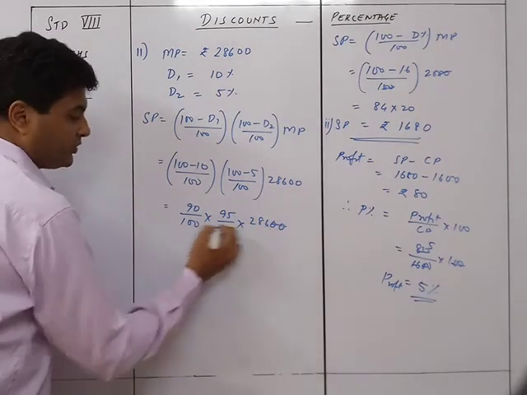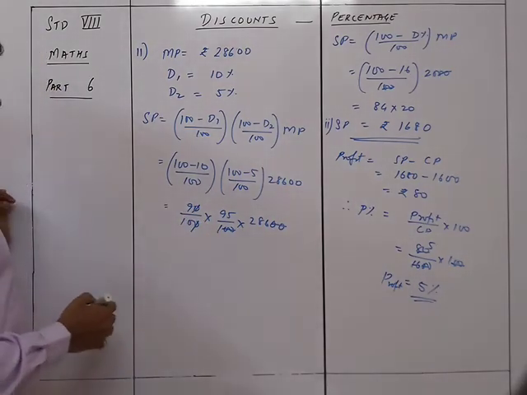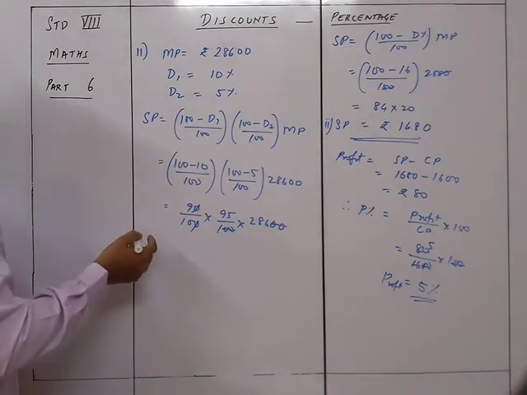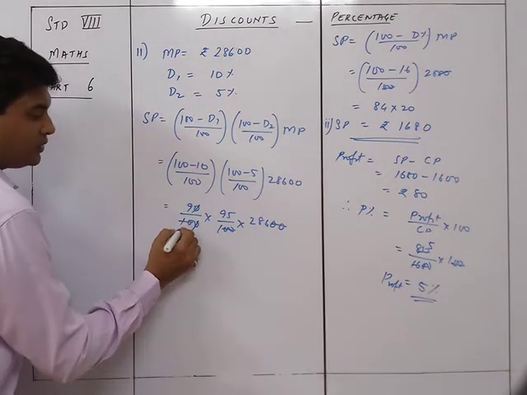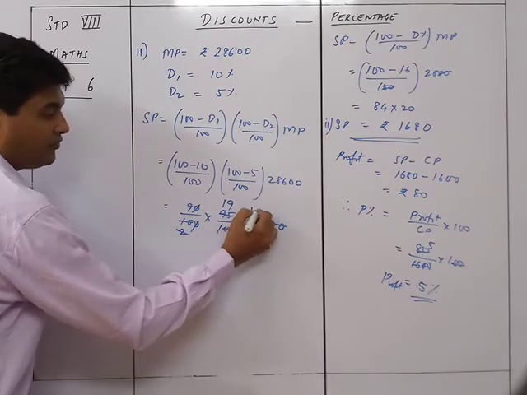The zeros cancel, and then I will keep this as it is. Better to keep the 10 over here. So I will cancel. So 5 2s are 10, 5 19s are 95, and 2 1s are 2, and 1 4 3s are 143.